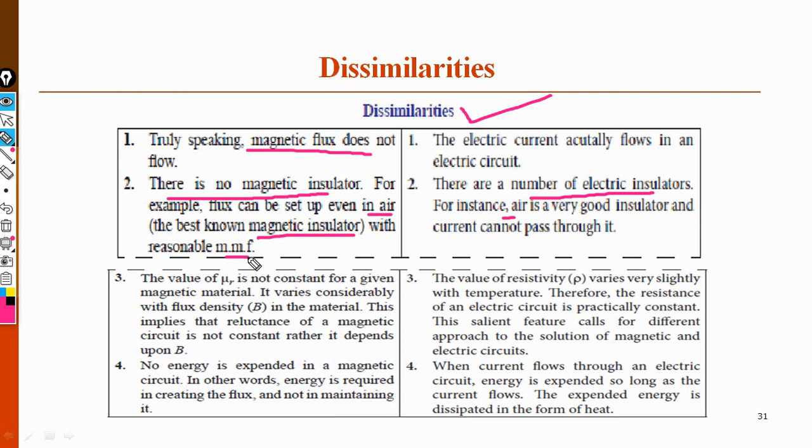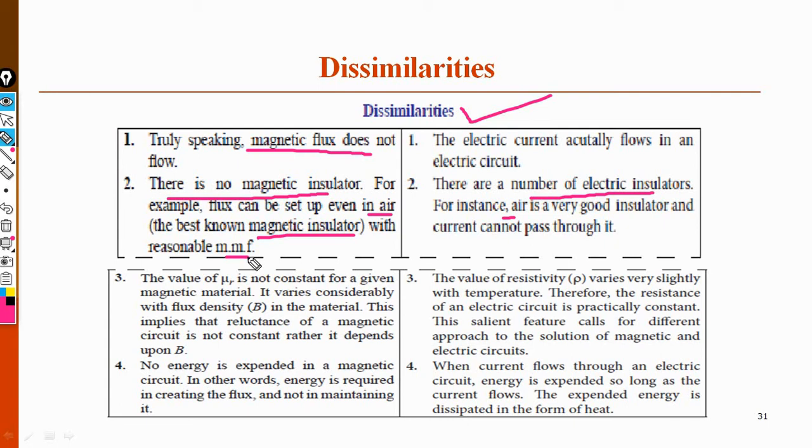These two points, magnetic flux and magnetic insulator, are very important in the magnetic circuit, and electrical current and electrical insulator are very important in the electrical circuit.